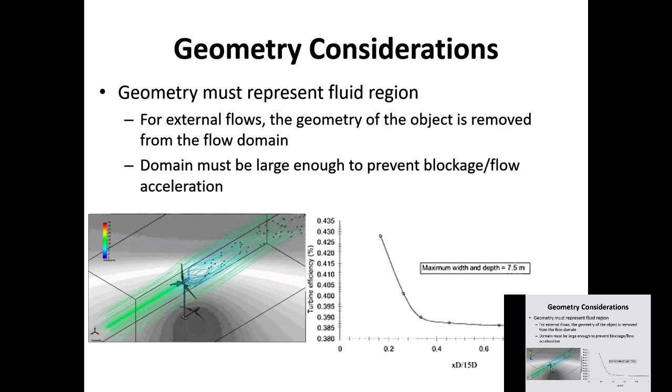So for that to be a representative model, suppose this is the car, okay, and you have airflow over it. For this to be representative, you can't just have your domain just around it. You have to have a big enough domain where you don't have any acceleration or deceleration or change of flow due to the size of the domain.